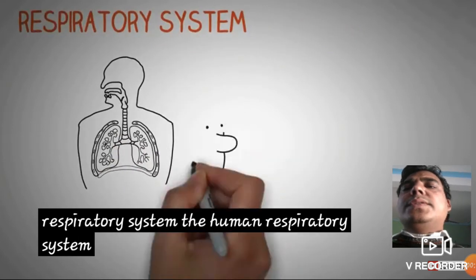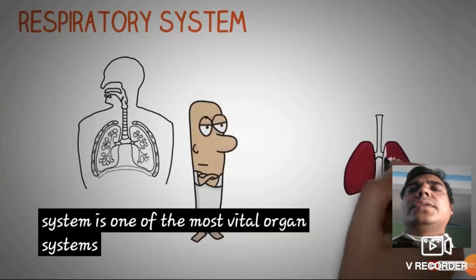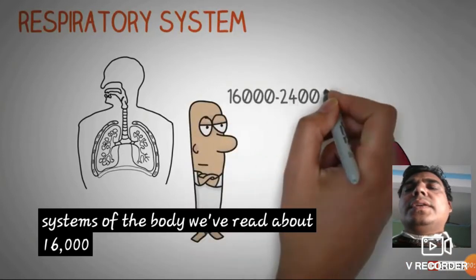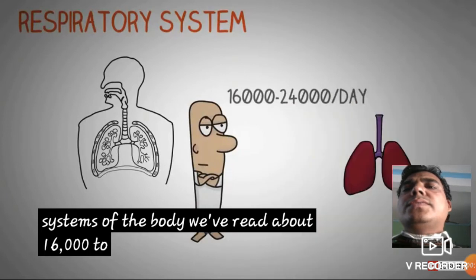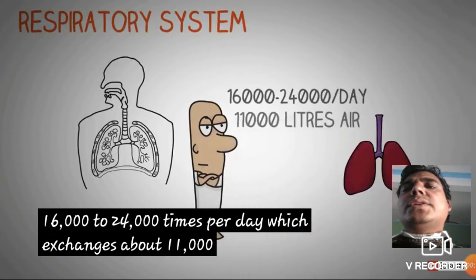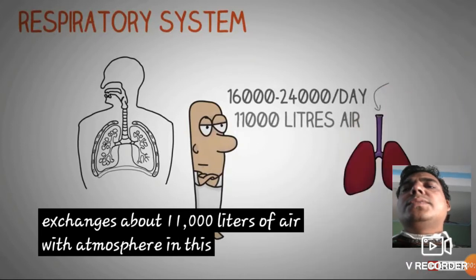The human respiratory system is one of the most vital organ systems of the body. We breathe 16,000 to 24,000 times per day, which exchanges about 11,000 liters of air with the atmosphere.